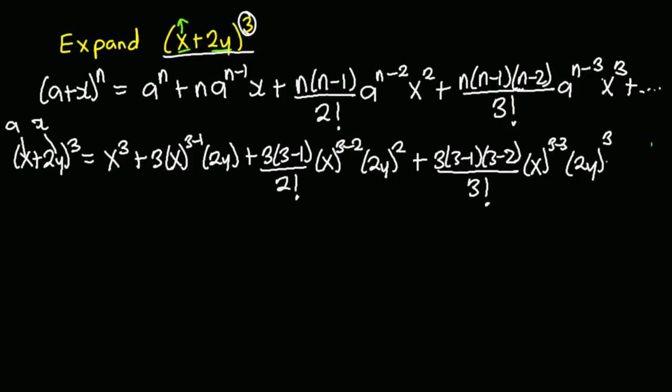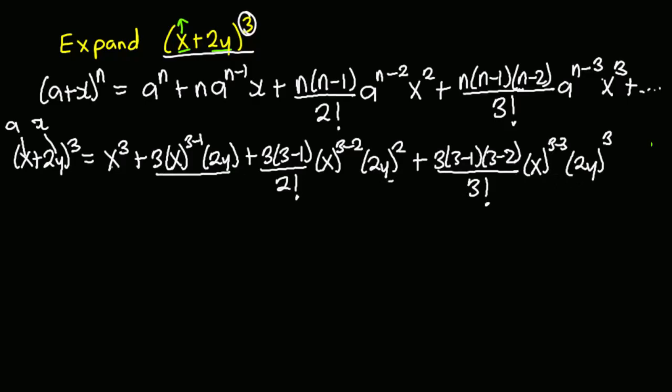Remember that we can't continue because we must have only 4 terms. Moreover, if the last term is raised to the exponent of the original question, then you end there. So let's look at the number of terms we have here. 1, 2, then we have 3, then we have 4. We should have only 4 terms.